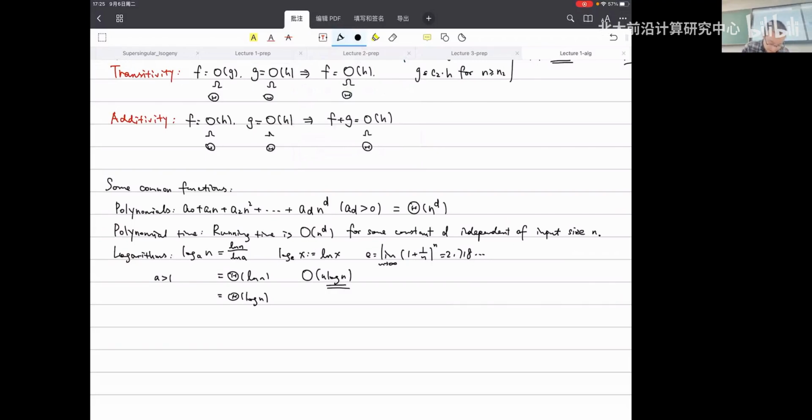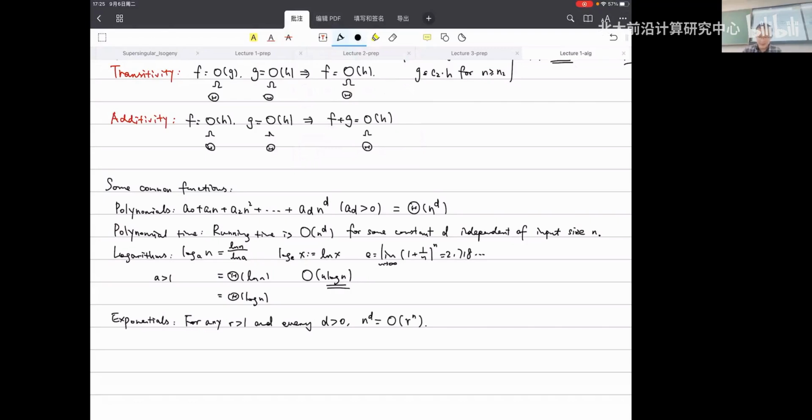On the other hand, maybe you want to talk about something a little bit larger, like exponentials. For any r larger than 1 and any d larger than 0, you can see that n to the d is O of r to the n.